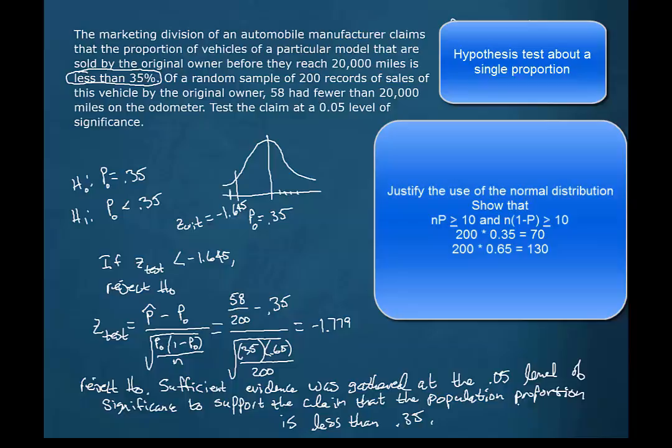Since I wrote it out as a proportion, then I wrote the value as 0.35 rather than 35%.